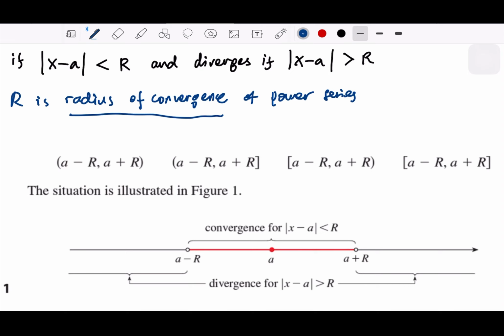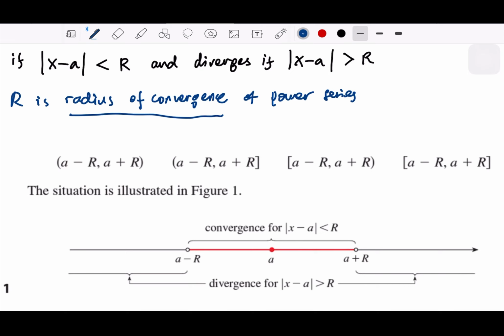We can include all the endpoints, like this, or maybe we are not including the endpoints themselves. I hope you can get the idea of what the radius means. It's the distance between the number a that you observe and the end of the interval itself, either a plus R or a minus R.